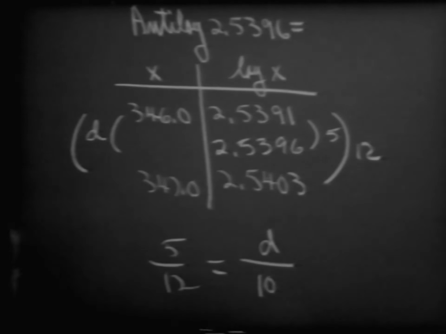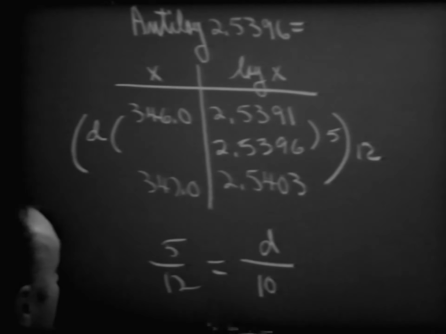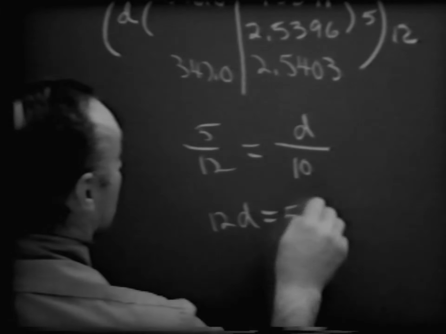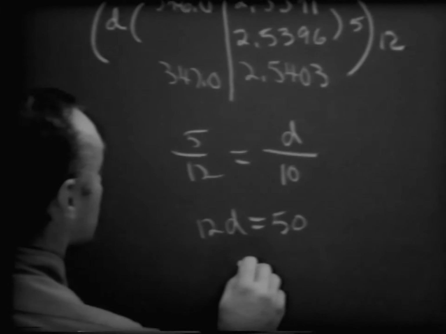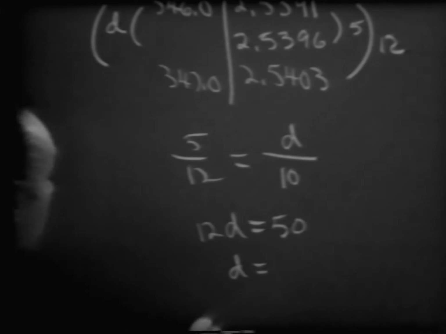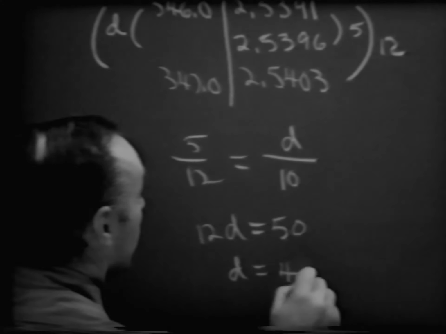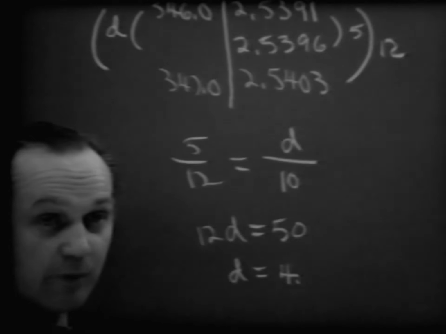Is that right? So we then will have 12D equal to 50. And then D is equal to about 4.1 approximately. Is that right?